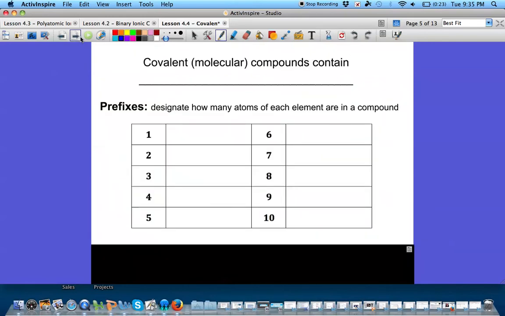So covalent or molecular compounds contain a nonmetal and another nonmetal, or a nonmetal and a metalloid.